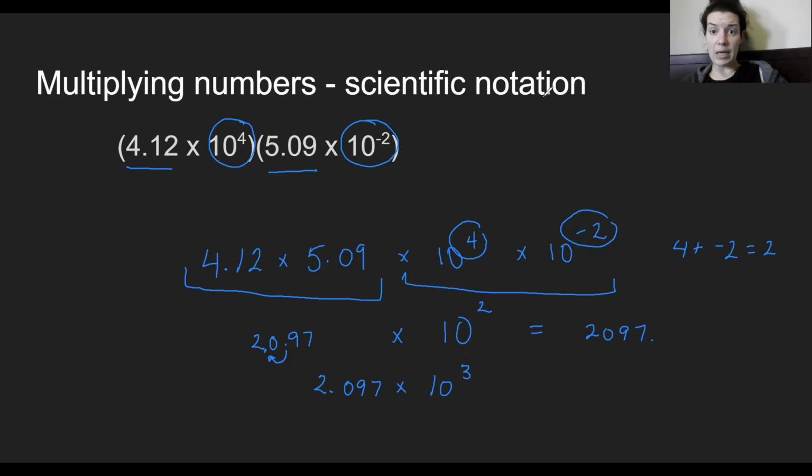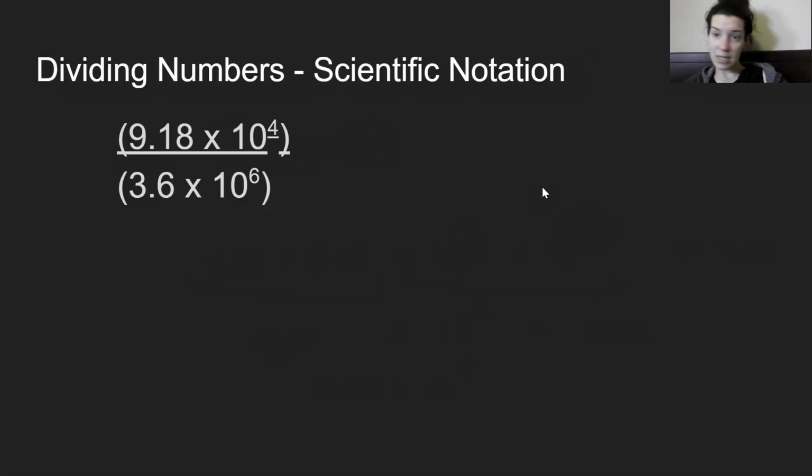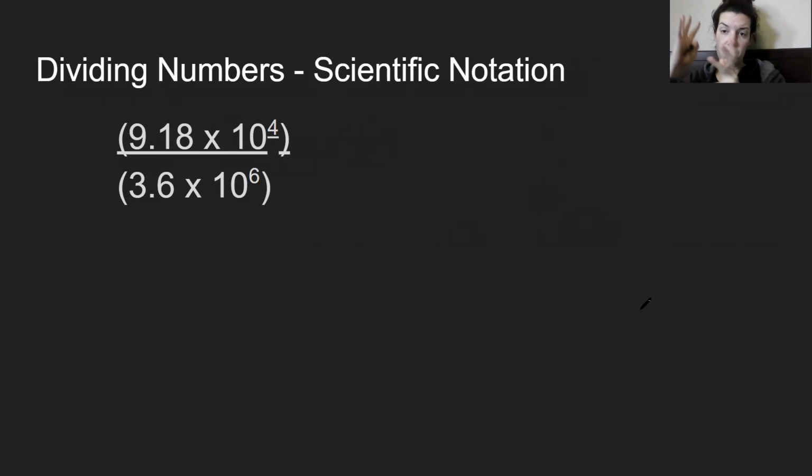So that's multiplying. Let's practice dividing, because dividing is a little bit harder. Same exact concept, just a little bit harder. When I'm dividing, I'm going to separate my coefficients from my bases, except now, because I'm dividing, I have to keep that in mind.